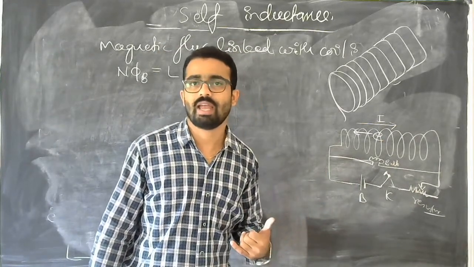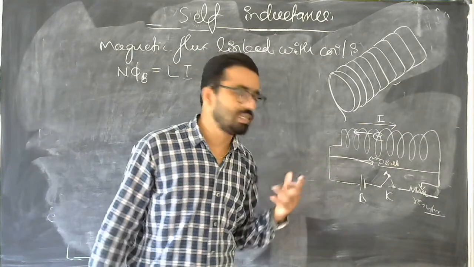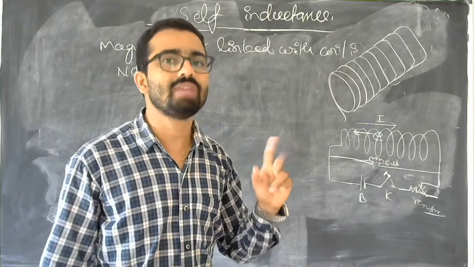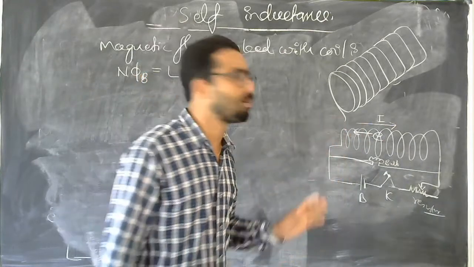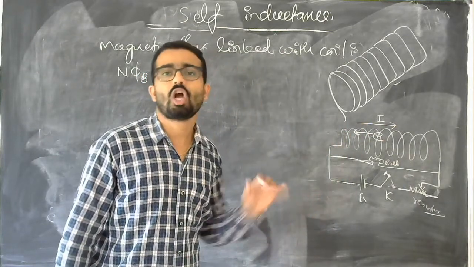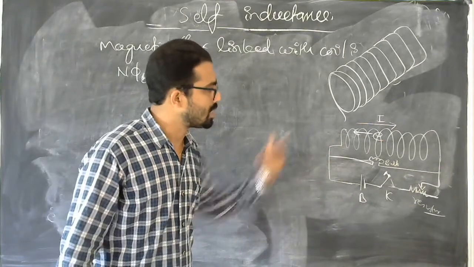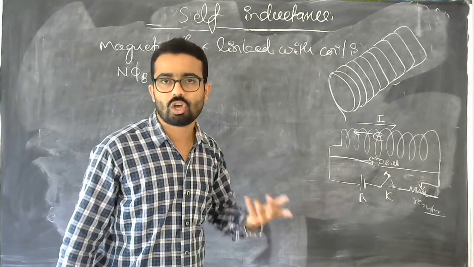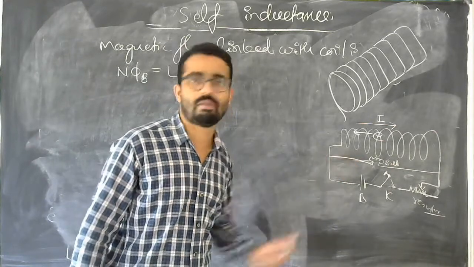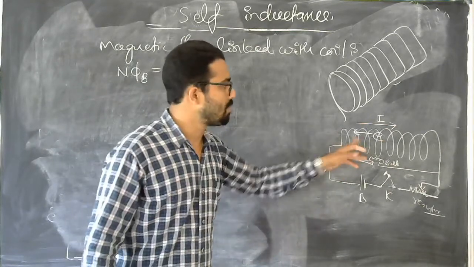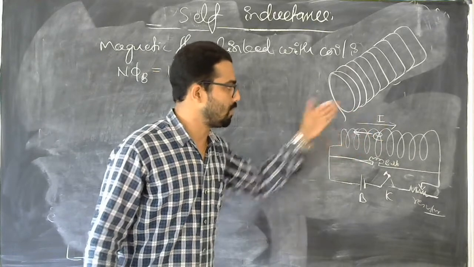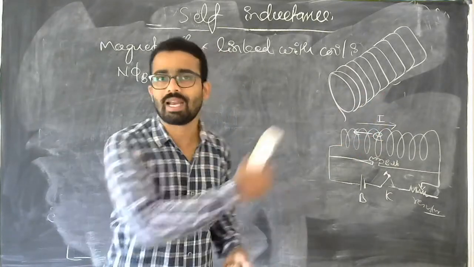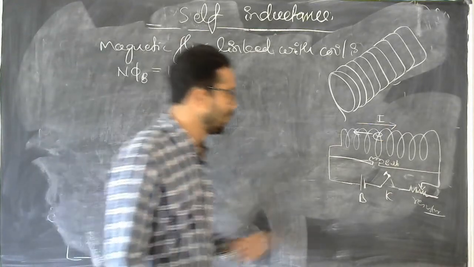Lenz said that it is about the polarity of the induced EMF: the induced EMF always opposes the cause for it. What is the cause? The increasing current is the cause, the cause for the magnetic flux. So that is why the EMF is in this direction and the current flows in that direction, opposing the increase in the current.